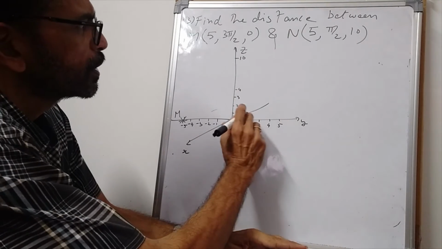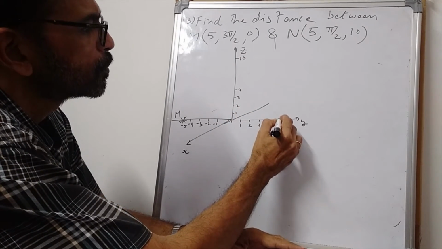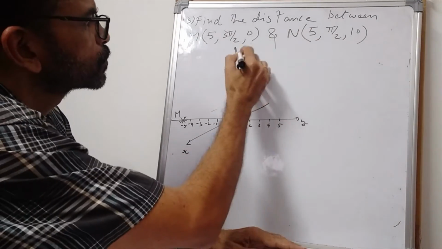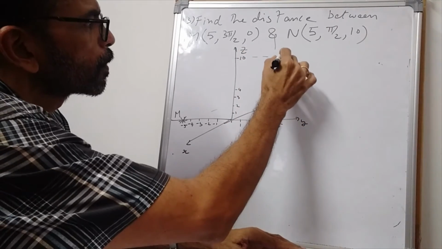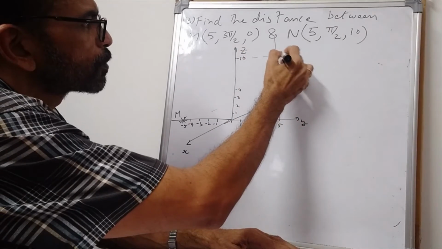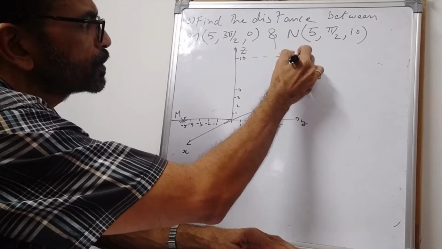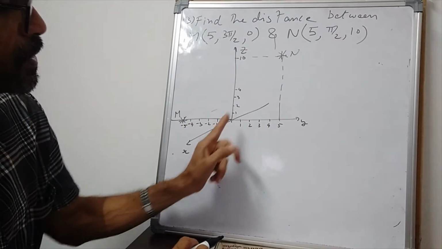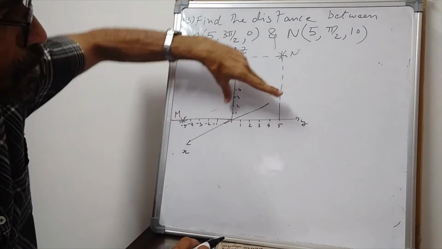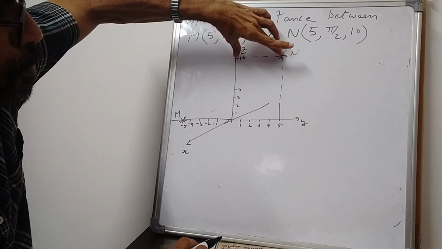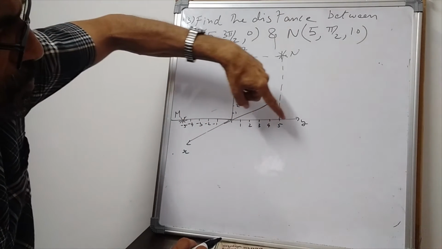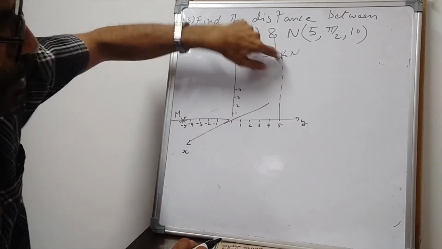Rho is equal to 5, z equal to 10. So this is the point, with rho 5, phi pi by 2 and z 10.